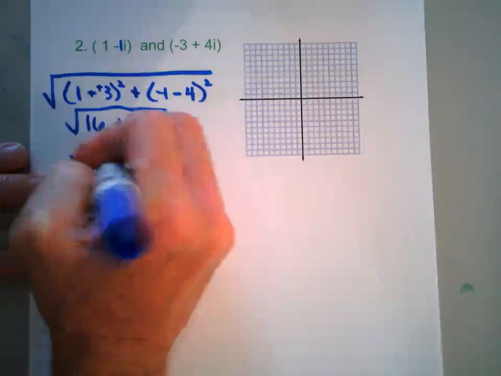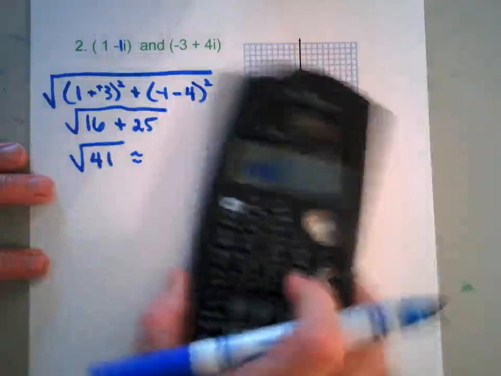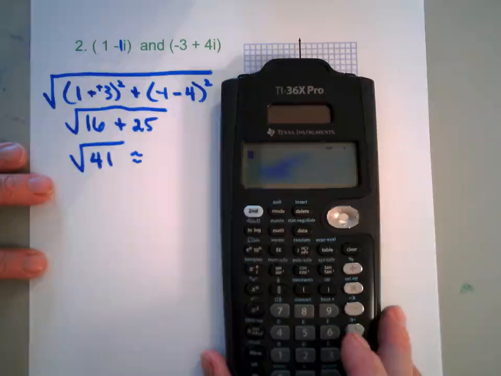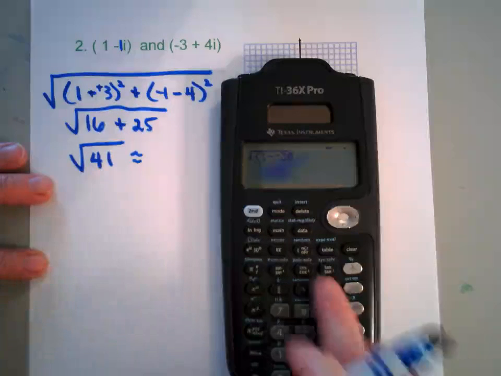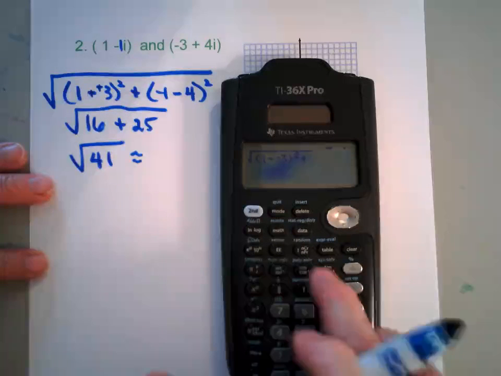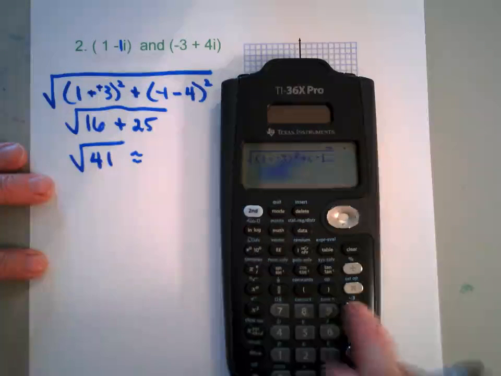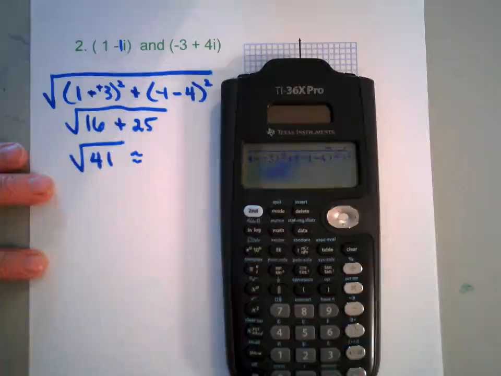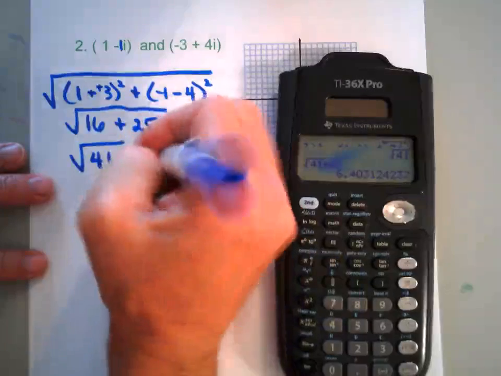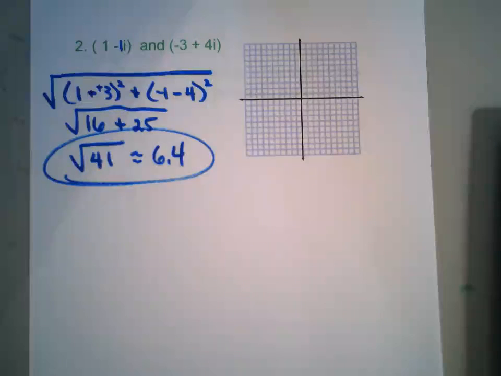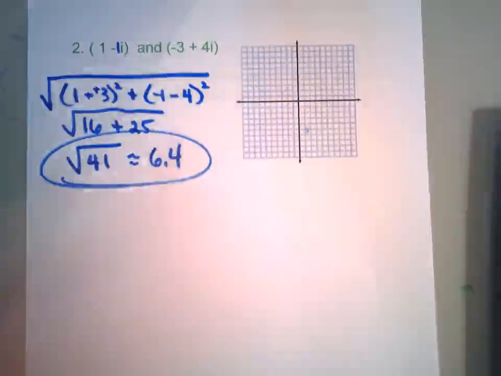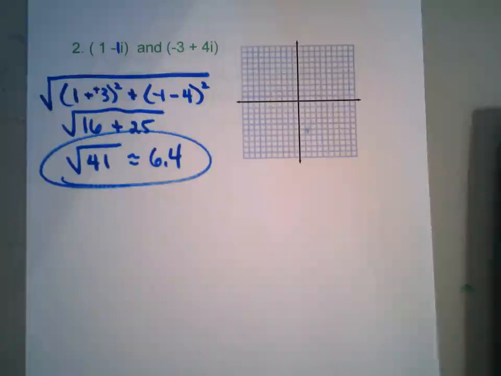So that is the square root of 41, which, I'll go ahead and put all this in the calculator just like I did the previous problem. Square root of 41, toggle it, 6.4. So there's the distance. I'm not going to bother graphing it, but you're welcome to graph it. Use Pythagorean theorem to do so.